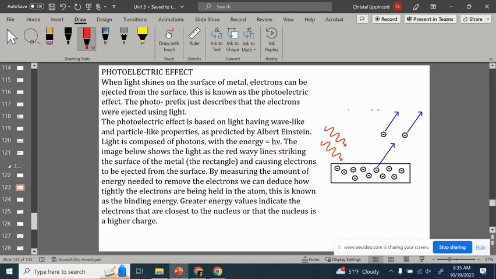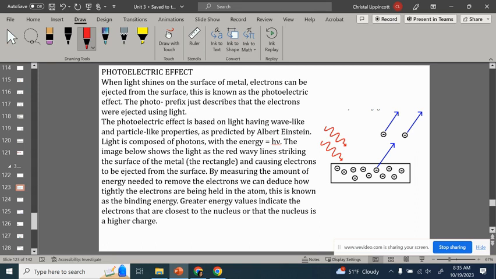All right. So when light strikes materials, they can cause electrons to bounce off. This is called the photoelectric effect. This is how the solar cells work. It's how your solar calculators work, if you have a solar calculator.